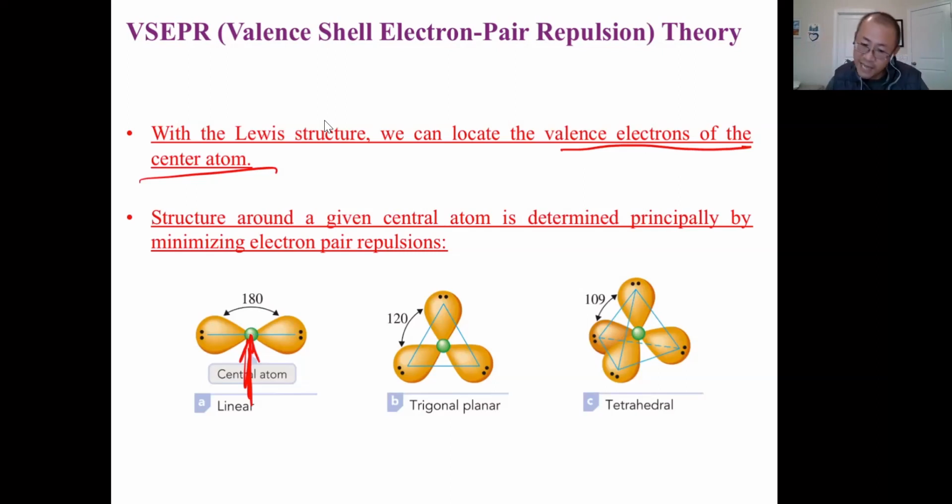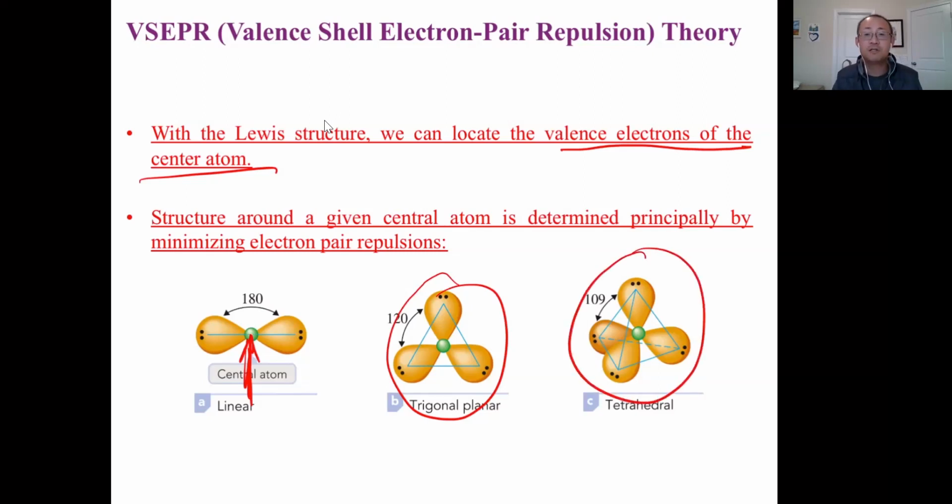The same, when you have three groups, these three groups will adopt a geometry called trigonal planar. And when you have four groups, these four groups will adopt a geometry called tetrahedral. This theory we call VSEPR, or valence shell electron pair repulsion theory.